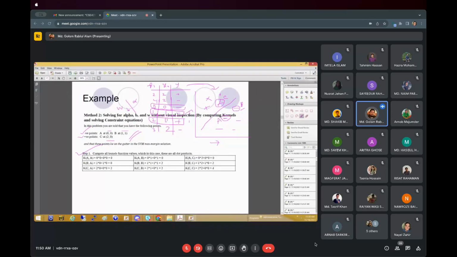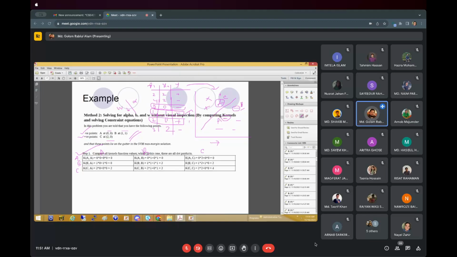So we can find the combinations of all of our support vectors, like the functional value of a and a, then a and b, then a and c, then b and a, b and b, b and c.